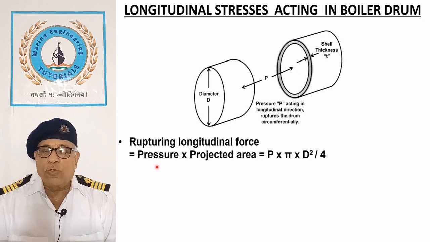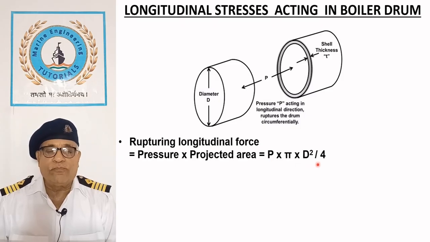Rupturing longitudinal force is equal to pressure into projected area, which is equal to P into pi into d square by 4.